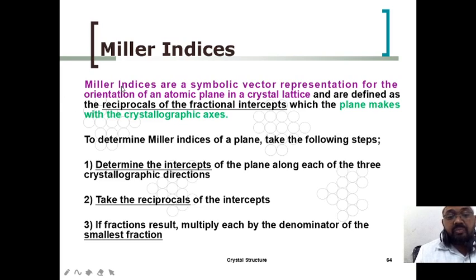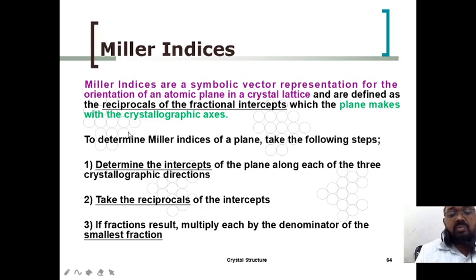They are the smallest possible integers having the same ratio as their reciprocals of the concerned planes on the crystallographic axes. We will simply call that arrangement Miller indices.